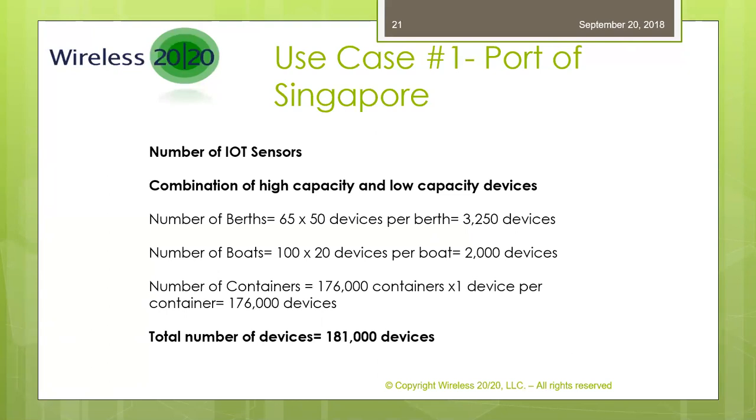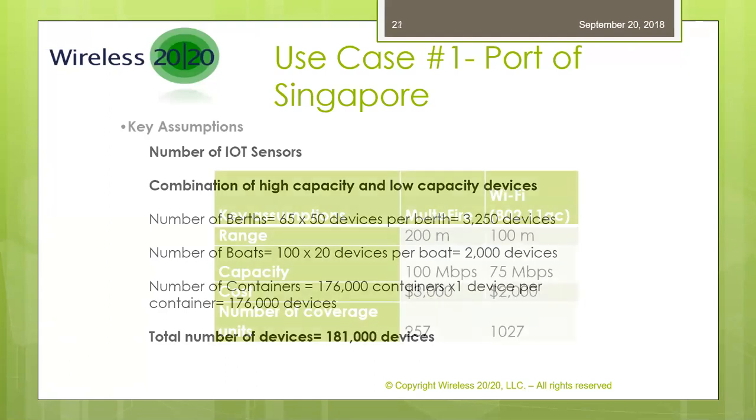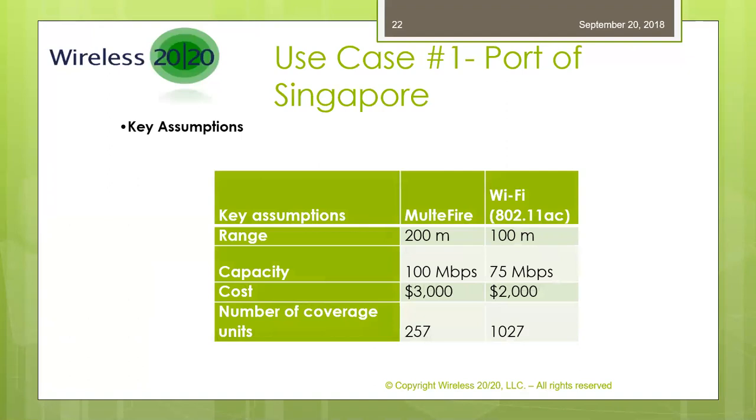So we would be looking at something like 180,000 devices, some high bandwidth, some low bandwidth, spread across the harbor that we would want to connect to the network. That gives us an idea of the size of the problem.